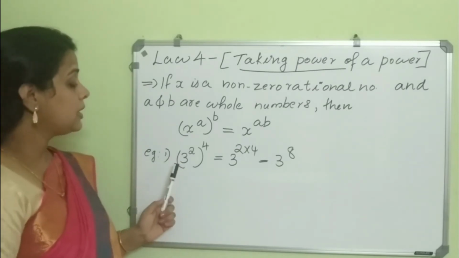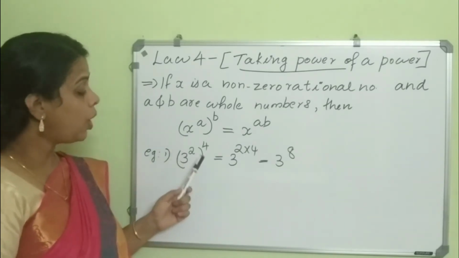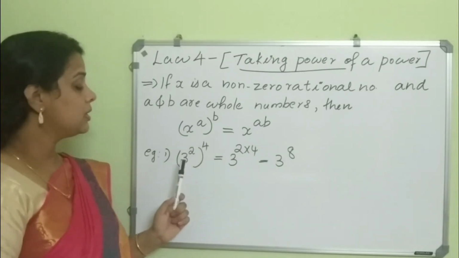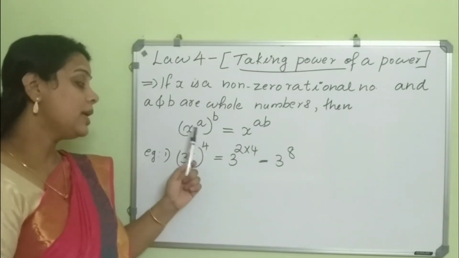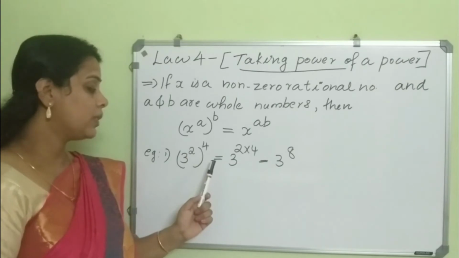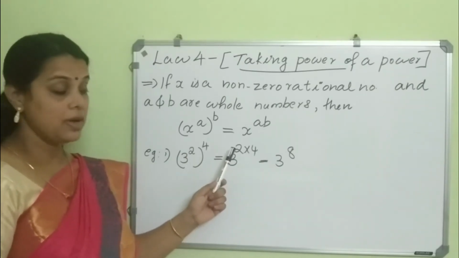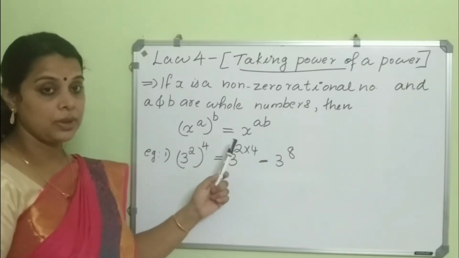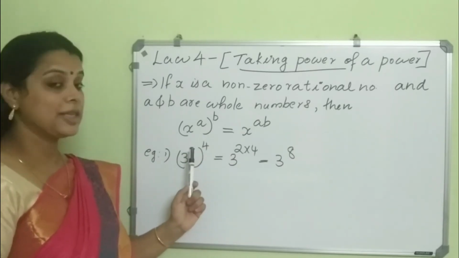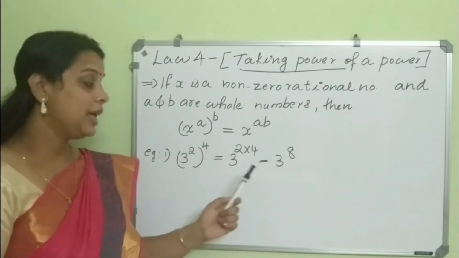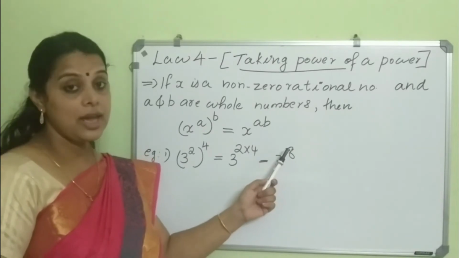Example, 3 raised to 2 all raised to 4. We can multiply these two exponents, 2 into 4. That is 3 raised to 8.